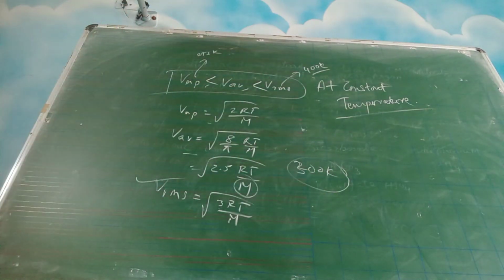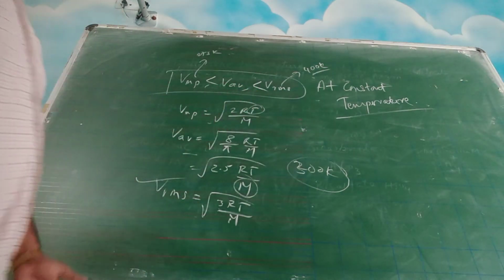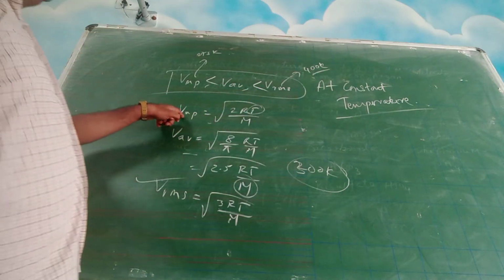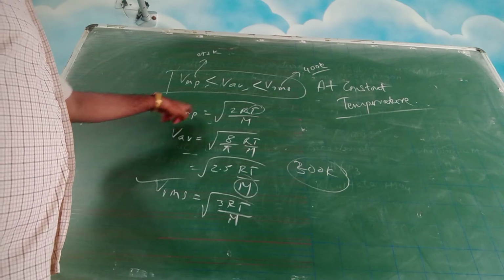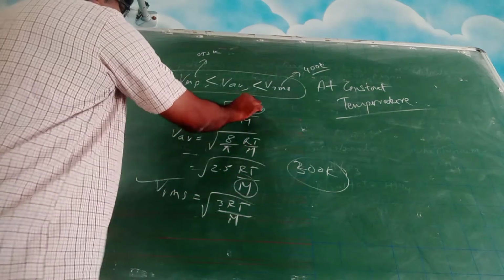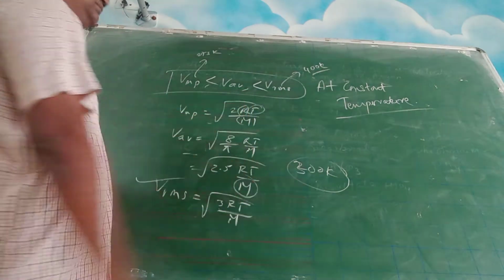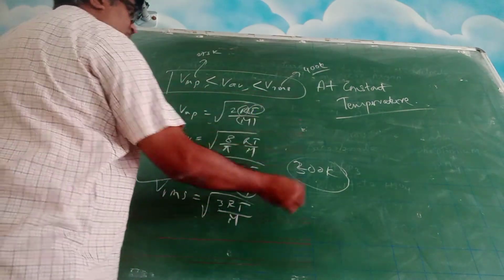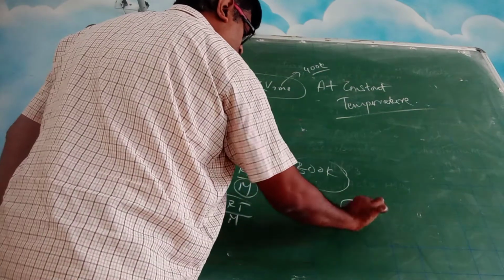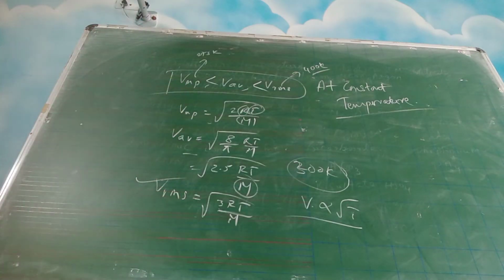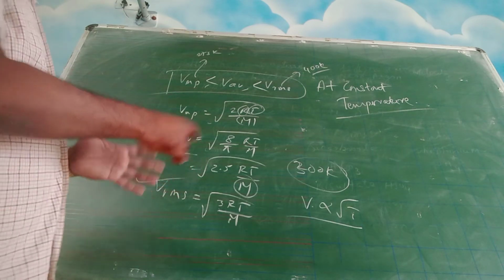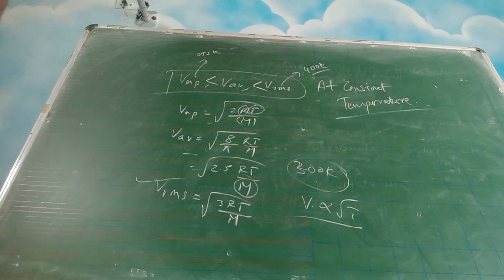Otherwise you have to calculate, since this T value is changing. If you want to calculate most probable speed at so and so temperature, you have to put that. The remaining thing is constant for that particular gas. What is varying? V is proportional to root over T. I have drawn a graph showing the distribution of speeds with respect to temperature and how the most probable speed is getting shifted. That's there in the previous video, and it is in the playlist also. Once again, you can go through and see that graph.